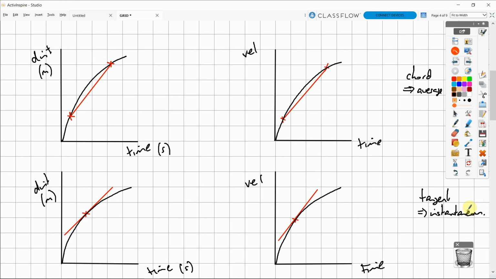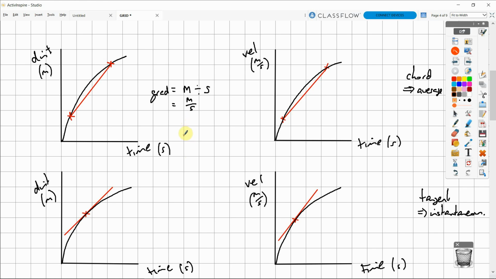But we haven't yet discussed what these chords or tangents might actually work out. Let's put meters per second for velocity and see what we can deduce. So for both of these, the gradient is equal to the change in y, now that's meters, divided by the change in x, seconds, or written perhaps more helpfully like that, meters per second.